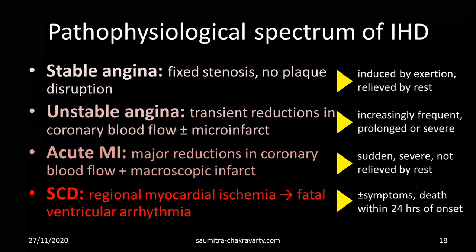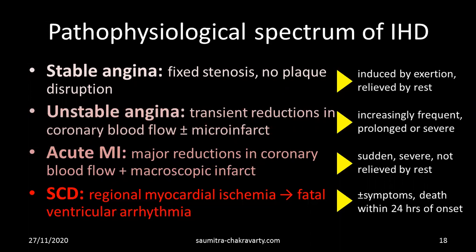Now, the pathophysiological spectrum of ischemic heart diseases, we have already talked about this. In stable angina, the stenosis is fixed and there is no plaque disruption. So this is induced by exertion. I mean, when the heart cannot pump to a capacity to meet the demand of someone who is exhausted or exercising or something, so then there is chest pain.